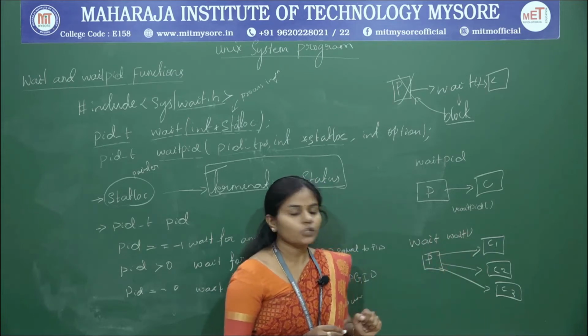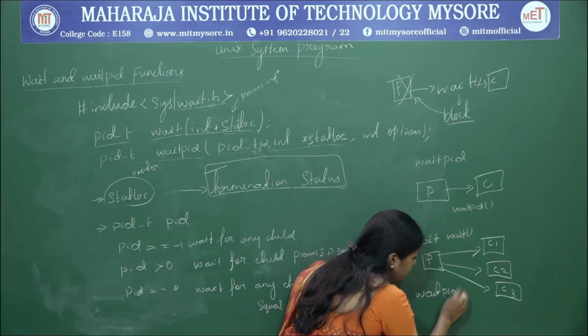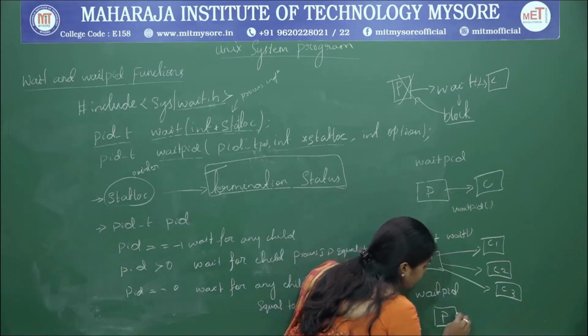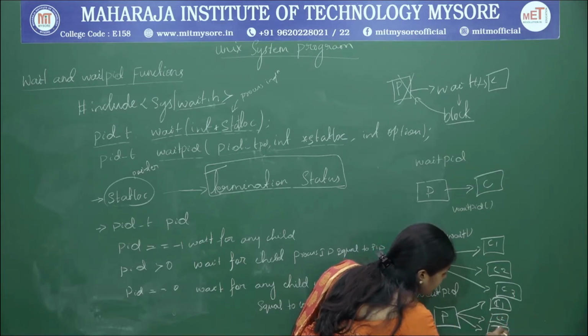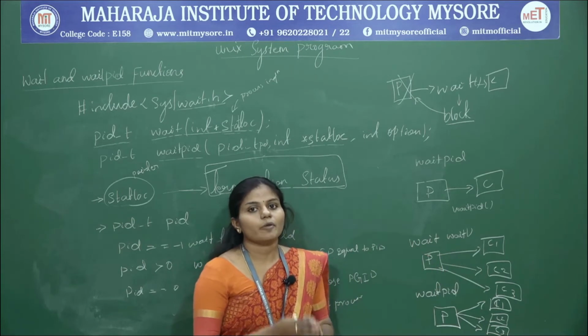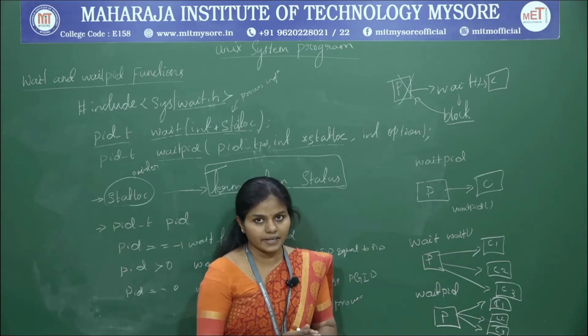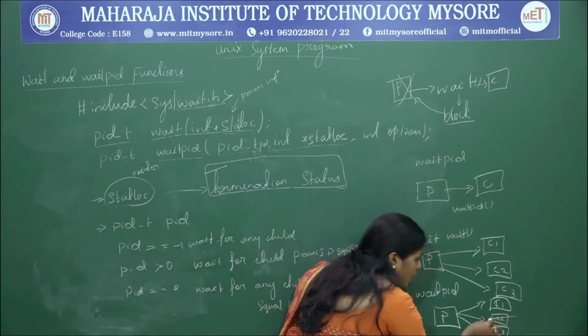But when you make use of waitpid, suppose in the same example the parent created 3 children, and the user wants a particular process to be terminated, so it wants the termination status of child 2.